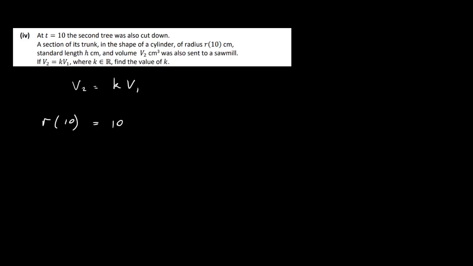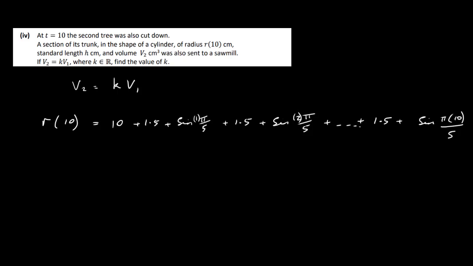That was the R0, plus 1.5 plus sine pi over 5 times 1, plus 1.5 plus sine 2 pi over 5, plus all the way up to 1.5 plus sine pi times 10 over 5. So this is going to be the radius at the end of year 10.